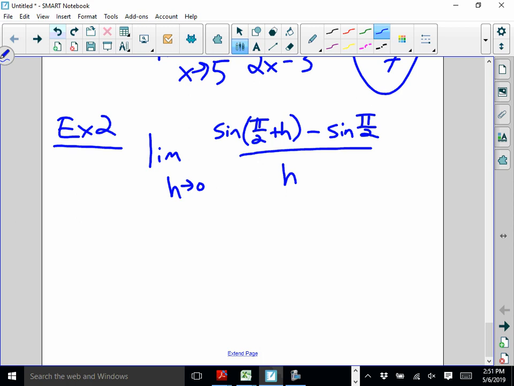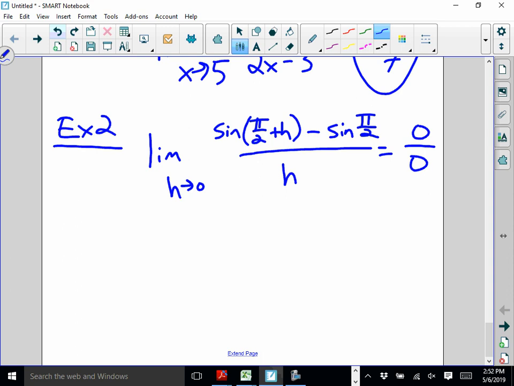Okay. So again, I need to think, what's going to happen when I plug in 0 for h? Well, pi halves plus 0 is going to be pi halves. I'm going to get sine pi halves minus sine pi halves. That's 0, over 0. I get 0 over 0. That doesn't mean the limit doesn't exist. It just means we're undefined right now.